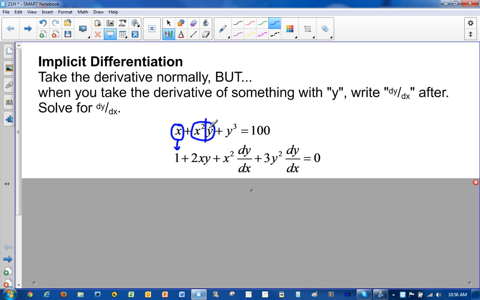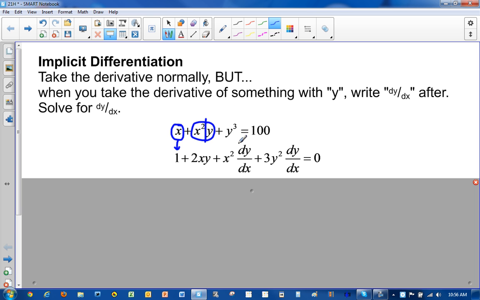Now notice that I didn't actually take the derivative of the y part, so I don't write dy dx just yet. All right, so the derivative of x squared is 2x, y stays as y, and now I do the second part of that. x squared stays x squared, and now I'm going to take the derivative of y, which would be 1, and then since it is the derivative of the y part of this term, I'm going to write dy dx. All right.